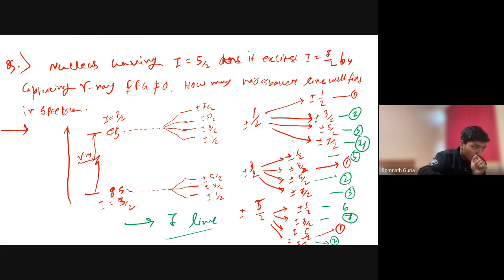This energy is similar to the 5 by 2 to 3 by 2. Oh, I made another mistake over here. This 3 by 2 to half is 5, this one will be the 5. So we'll have only 6 lines.